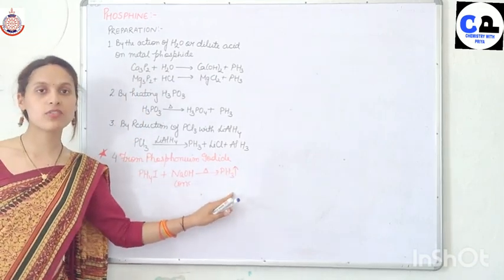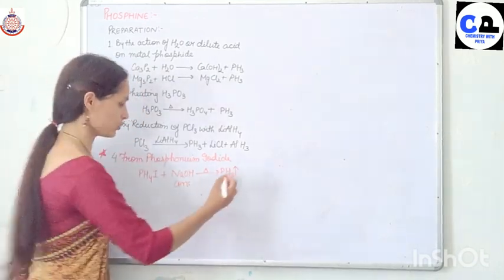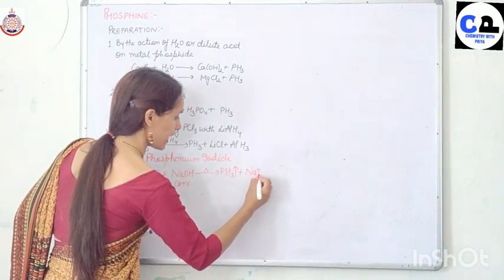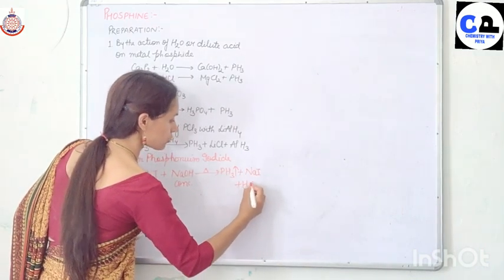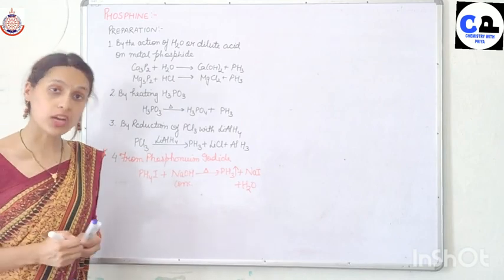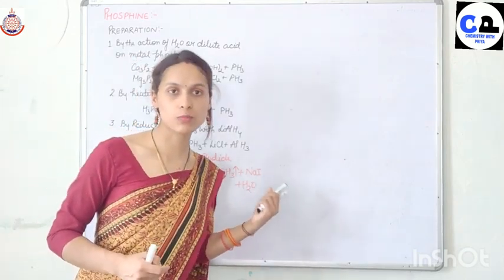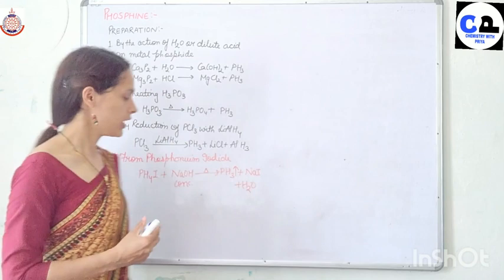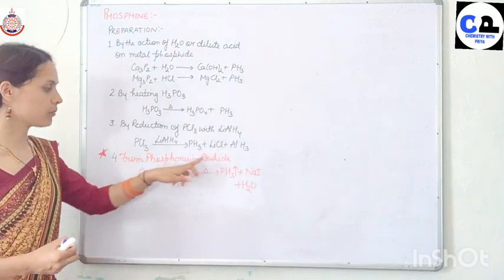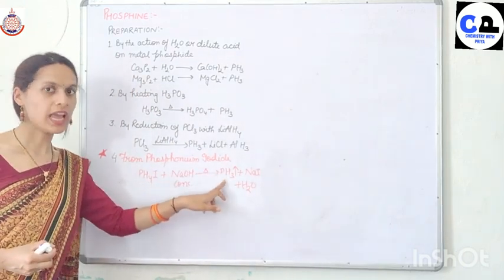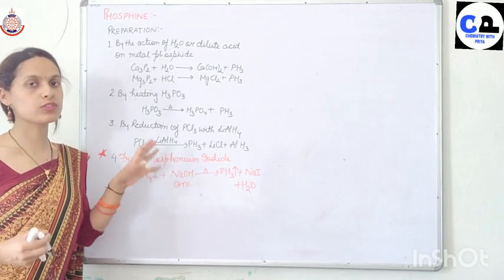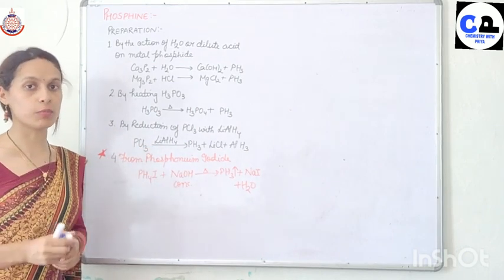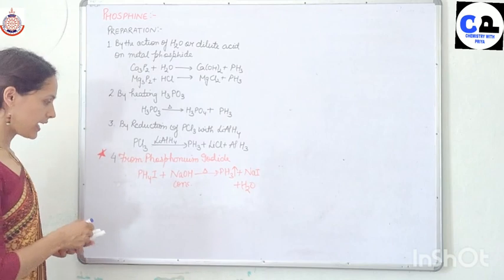Along with the PH3, we get NaI and H2O. So in this way, from phosphonium iodide we can prepare phosphine, and this is the method through which we get the purest form of phosphine.